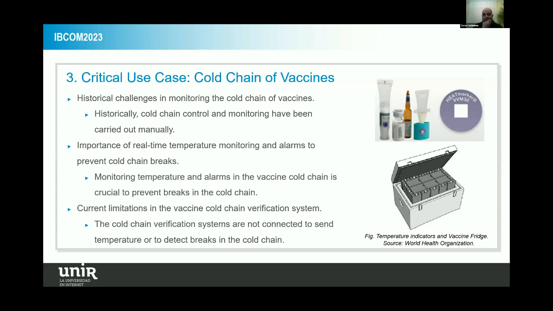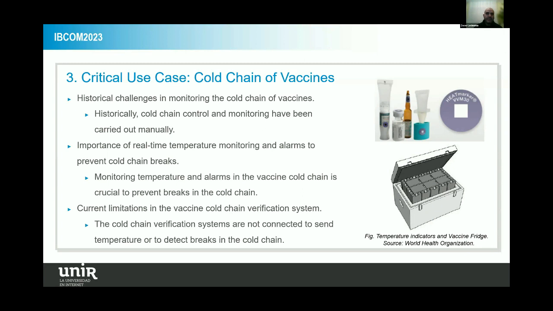The current vaccine cold chain verification system needs improvement, as it is not connected, and doesn't provide real-time monitoring and recording of temperature or cold chain breaks. This results in a high percentage of vaccine batches being lost during the transport.